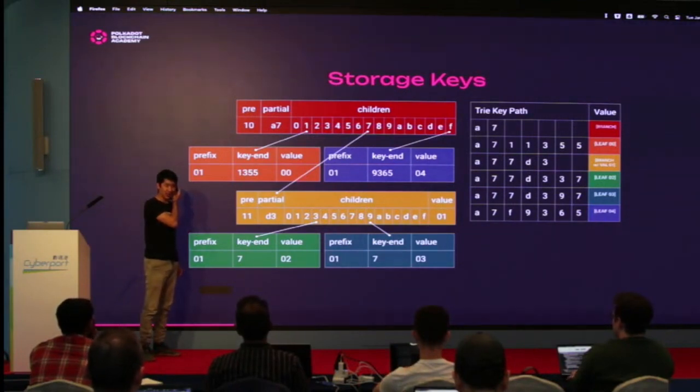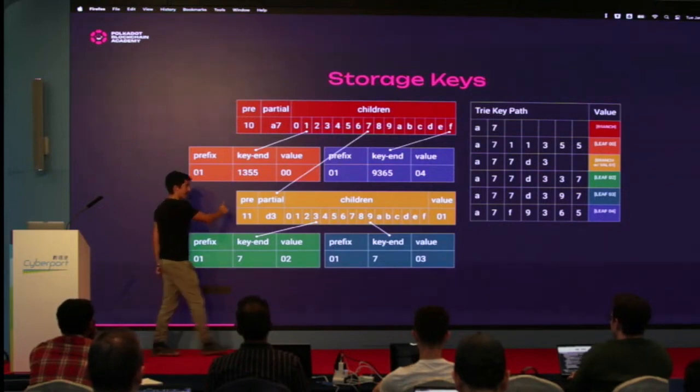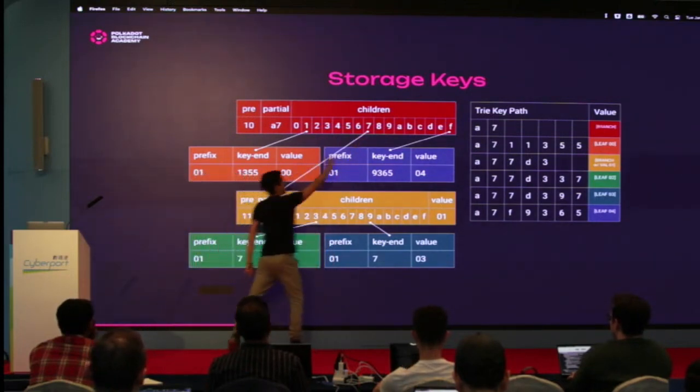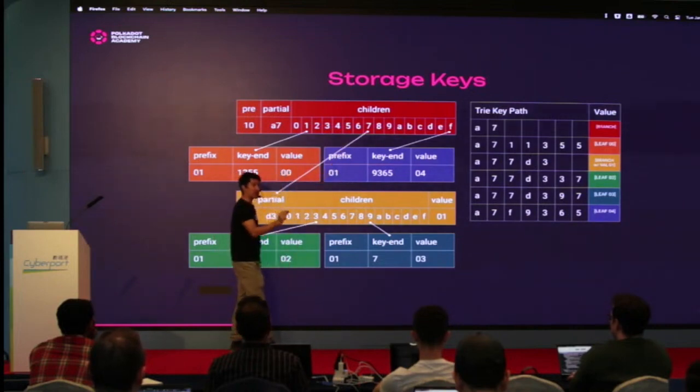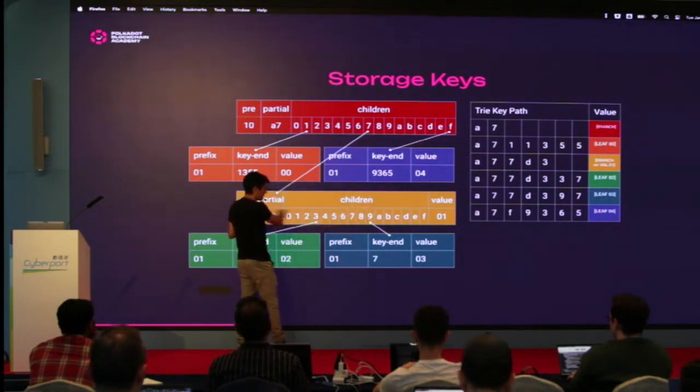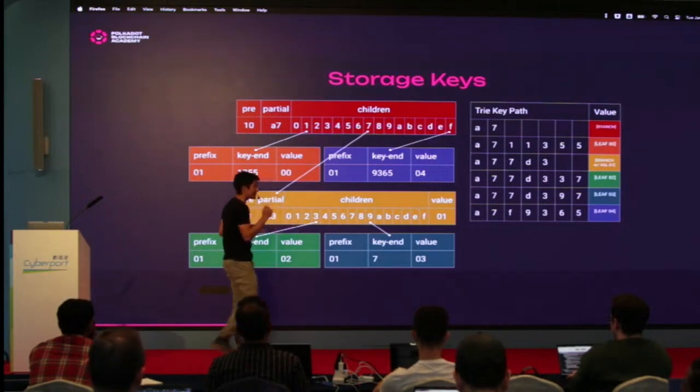Let's just sit on that real quick. Going from here to here, this line represents a database query. There's a key in the database, and there's a value. This is the value, this node, with all this structure and numbers. That's in the database.